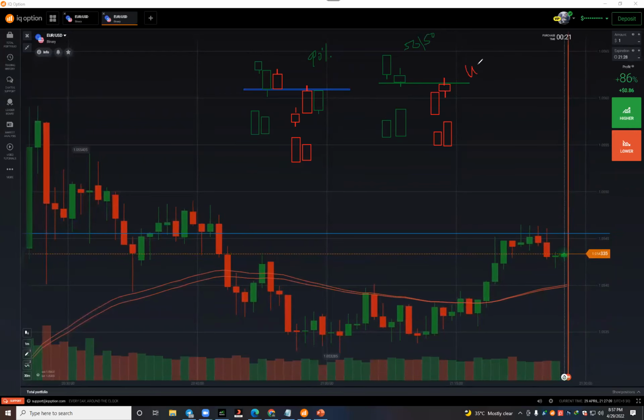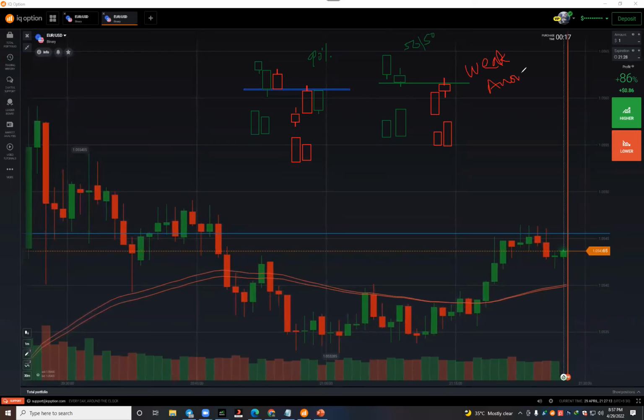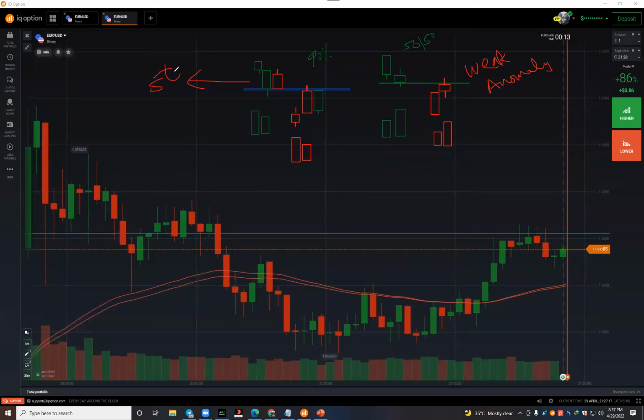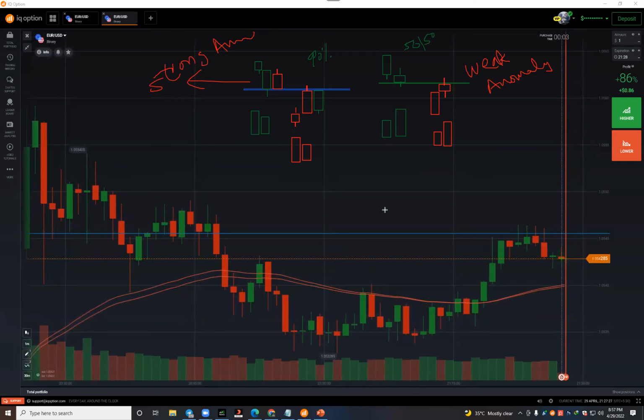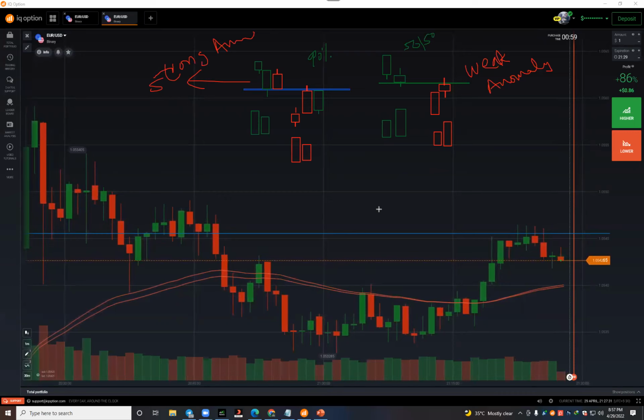This anomaly is a weak anomaly, and this anomaly is a strong one, because in price action, who is the leader? The leader is the price action. So understand.